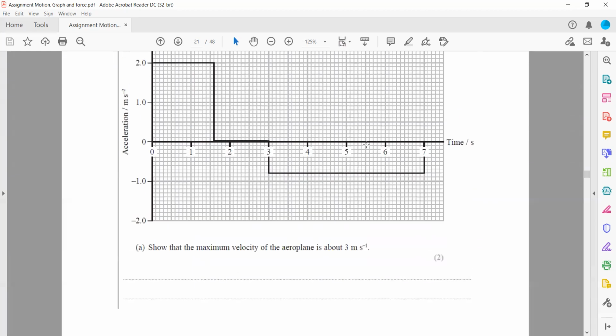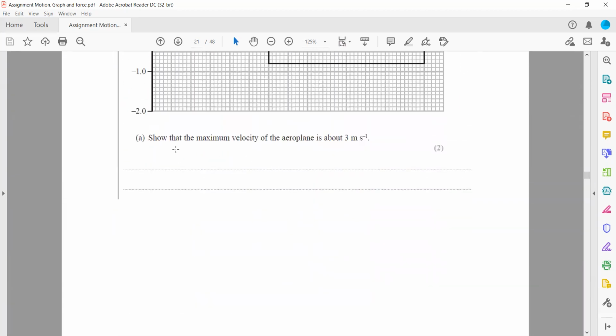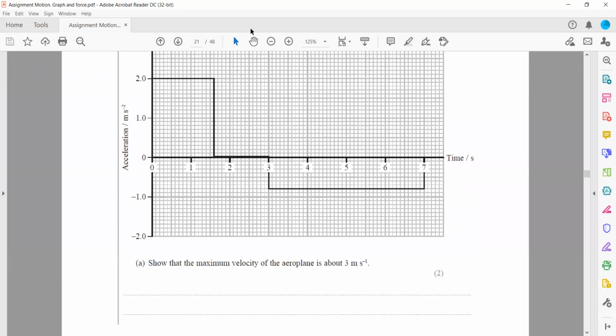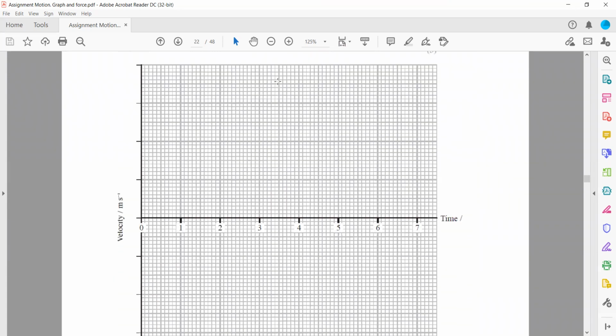The maximum velocity is 3 meters per second. So what we will do: for a velocity time graph, keep in mind what slope represents. Slope represents acceleration.